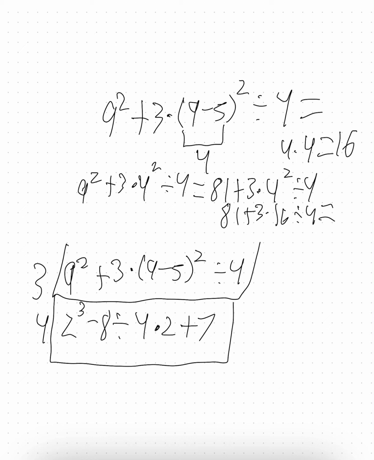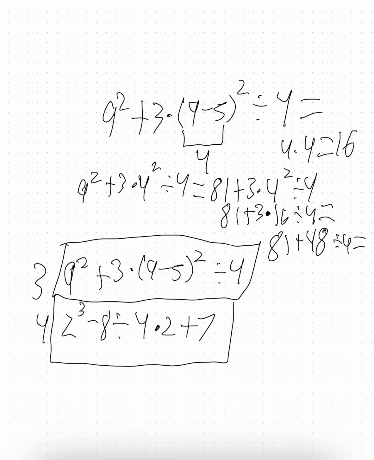Okay. Now we still have some multiplication here. What is 3 times 16? If you use a calculator, I think that's okay. So 81 plus 48. 3 times 16 is 48. Divide that by 4.